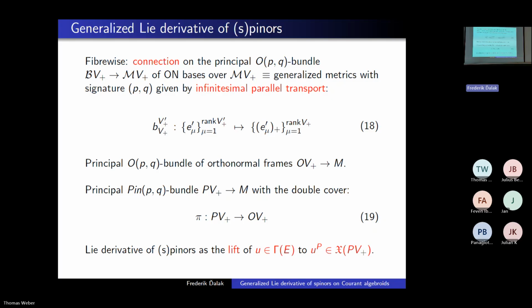If you have a frame, this way you determine the choice of V plus, the metric. I'm not sure if I understand the question correctly. So, okay, a basis determines a metric in a vector space. Yes, an ordered basis, yes.